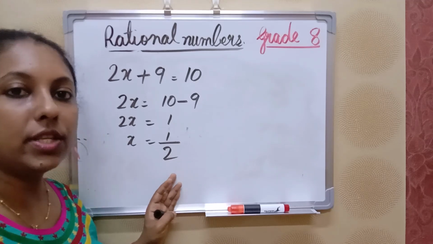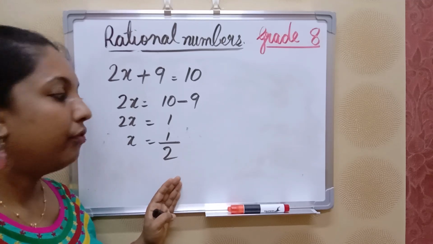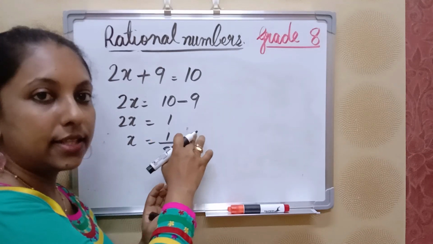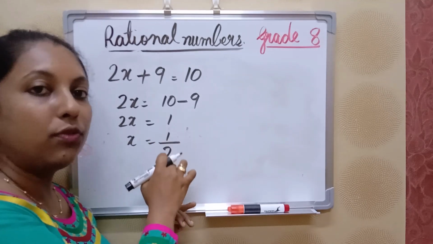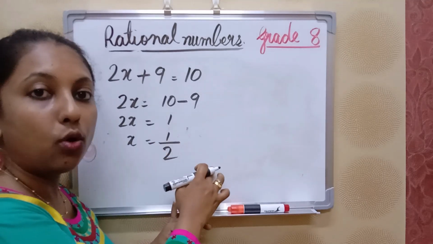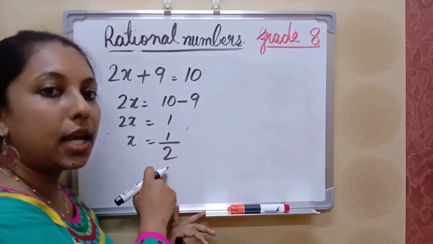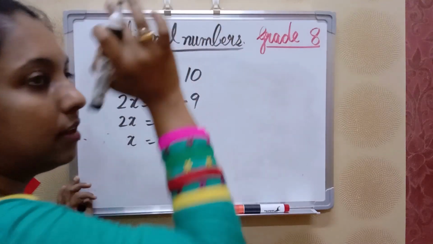So the numbers which can be written in the form a by b, where a and b are integers. Here 1 is an integer, 2 is also an integer. This is in the form a by b, and b is not equal to 0. Denominator is 2. So these types of numbers are called rational numbers.